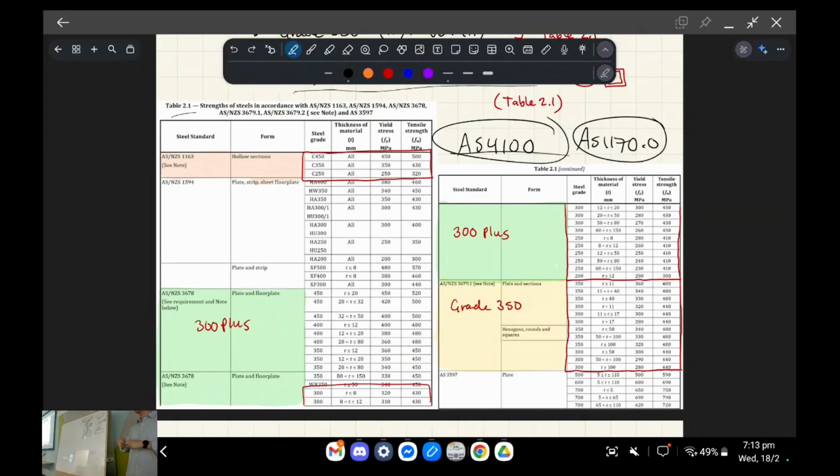Basically the heat dissipates from the edges as it cools down. And essentially the thin web cools more evenly than the thicker flanges, and so you end up getting a higher yield strength because it cools more evenly.